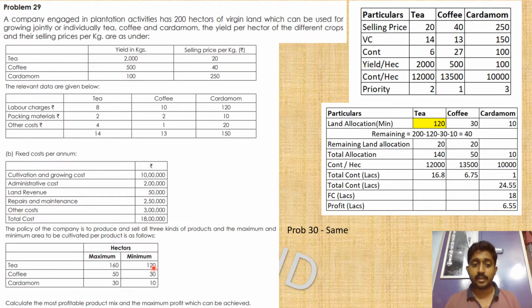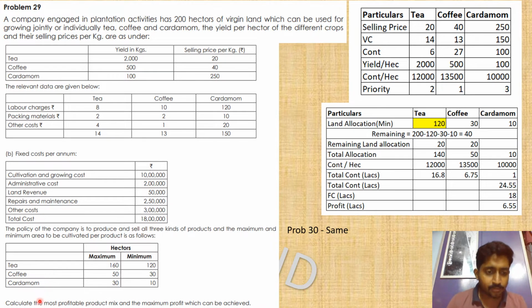And the maximum level is something the farmer himself feels he cannot go over and above, and sell to the nearby cooperative society or something like that. So based on his experience, the contract and knowledge about the market, he feels that tea can be cultivated maximum 160 hectares and at least 120 hectares. Similarly, the maximum and minimum requirement is given.